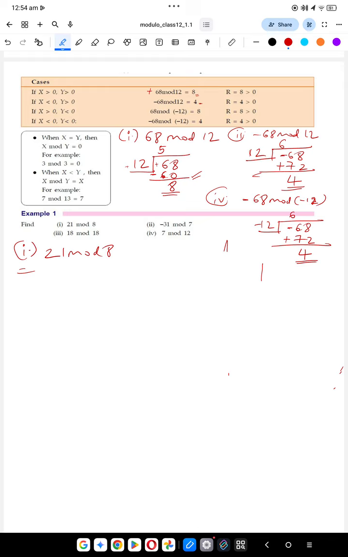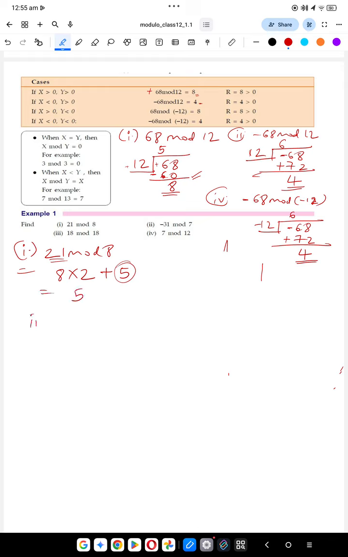Since the number 21 is positive, we consider the very next number which is less than 21 and is a multiple of 8. So it is 8 into 2, which is 16, and by adding 5 I get 21. So my remainder is 5.